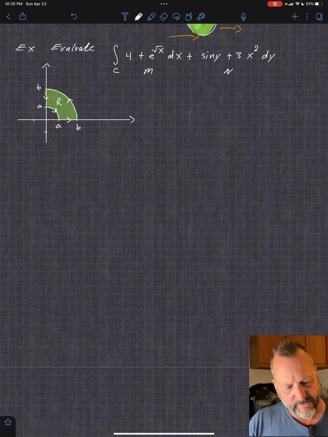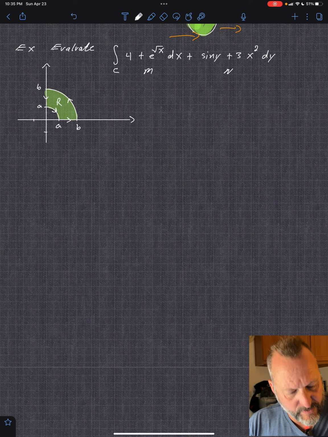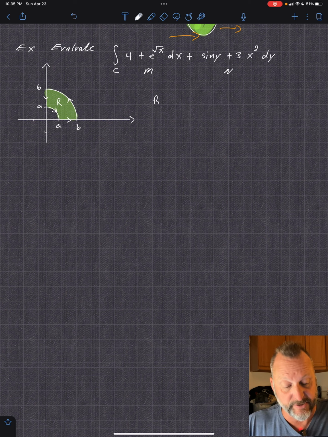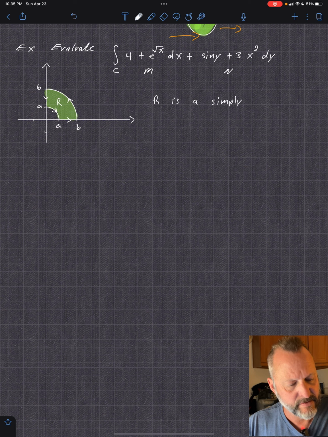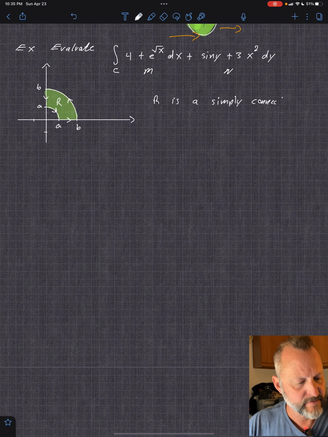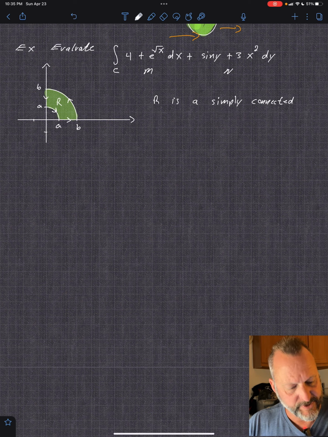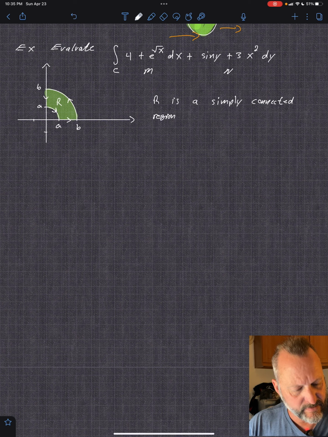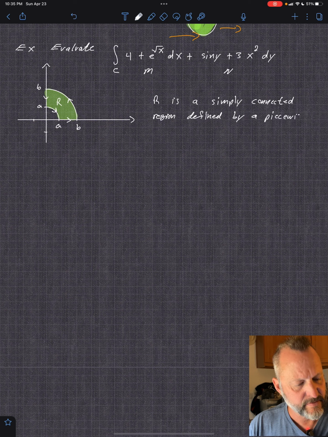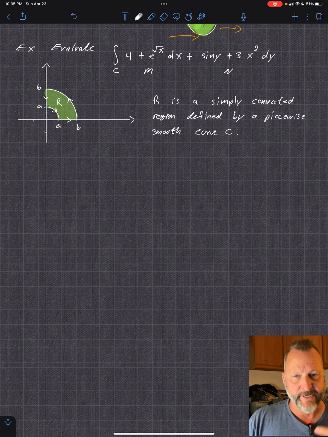Okay, so right here, by observation, R is a simply connected region defined by a piecewise smooth curve C. Again, you have to just say it.